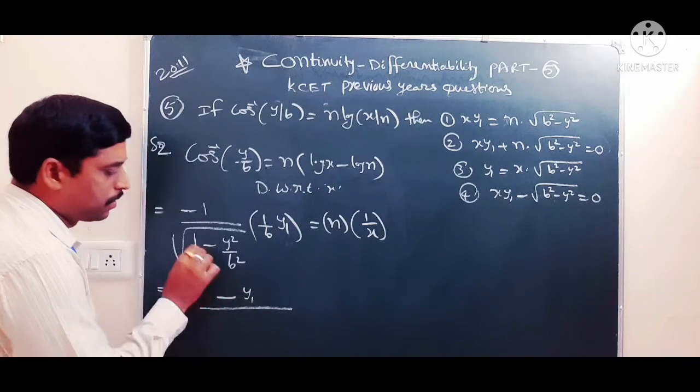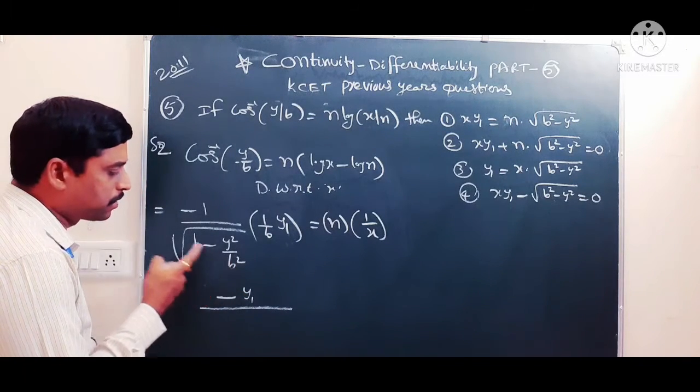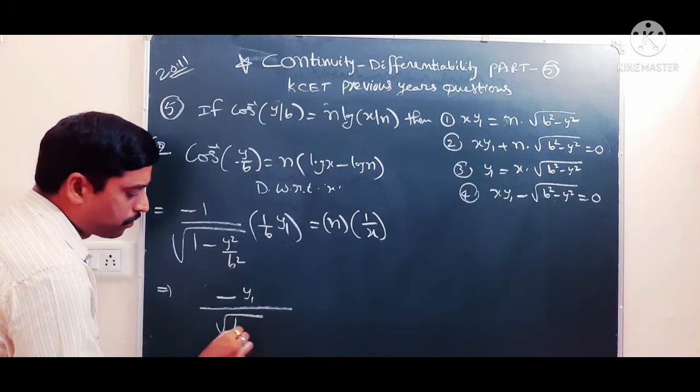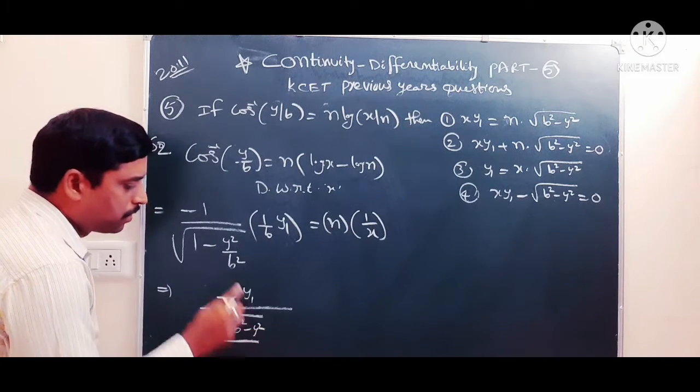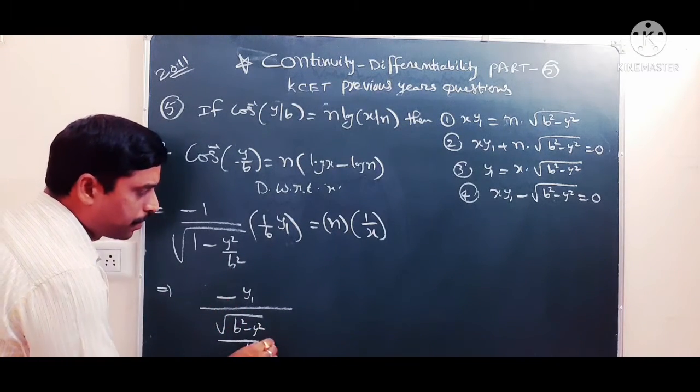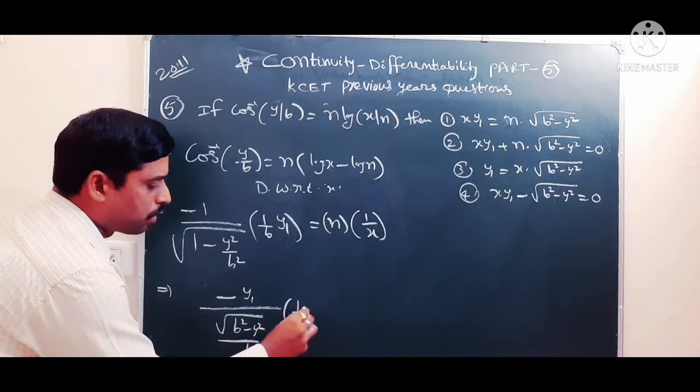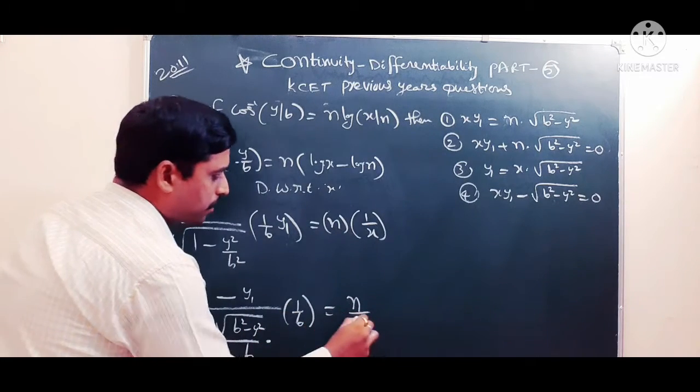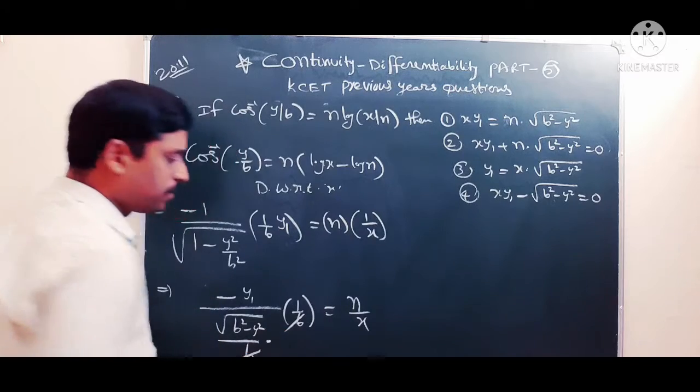So minus y1 by, let us take the LCM, b square minus y square by root, b square is b into 1 by b. This will be n by x. The 1 by b get cancelled.